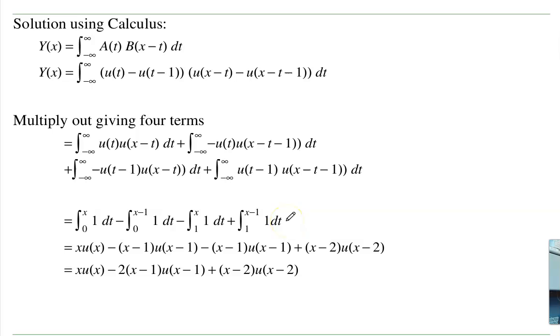I could solve that using calculus. Now this is kind of painful. I take the PDF for a unit step. That's u of t minus 1. The PDF of the unit step using u of x minus t. Integrate over t. Now do all the products. I've got 4 different product terms.